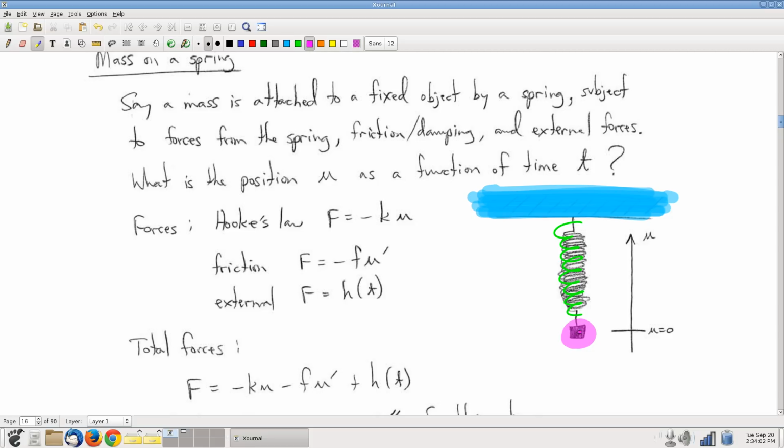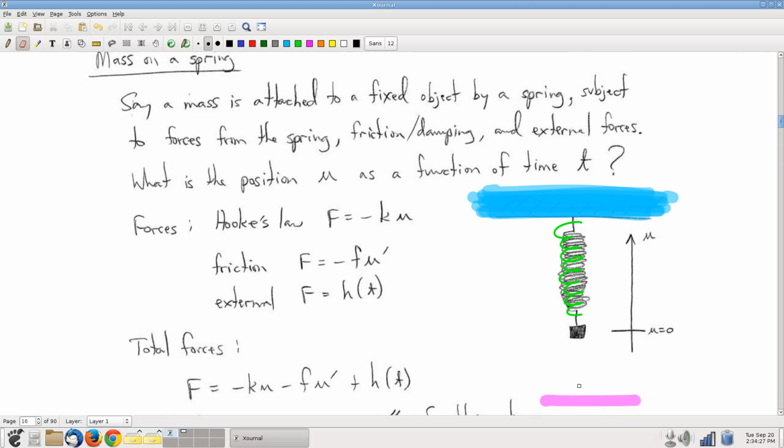If someone were to take the mass and pull it down to here, and then let go, the mass would of course start moving up, and then the spring would push it back down, and then once it goes a certain distance, at some point it would start to pull it back the other way.